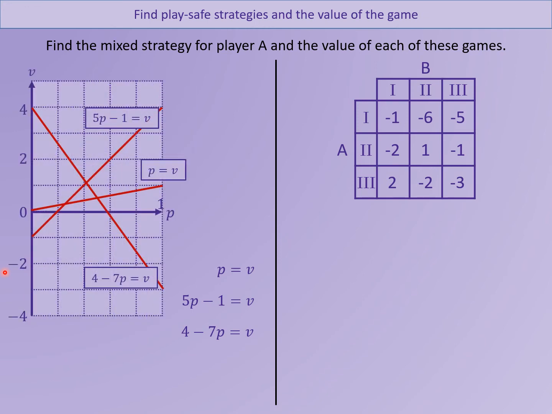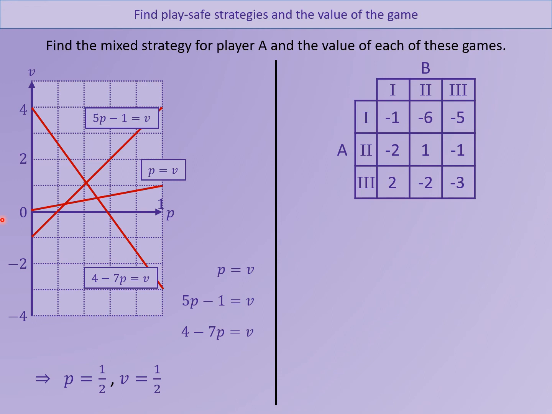This is the graph we should have ended up with by plotting each of the three lines, the expected outcomes, and we can see that the highest point underneath the three lines is there. So we're going to be intersecting P equals V and 4 minus 7P equals V. This gives us a value of P as a half and V as a half.